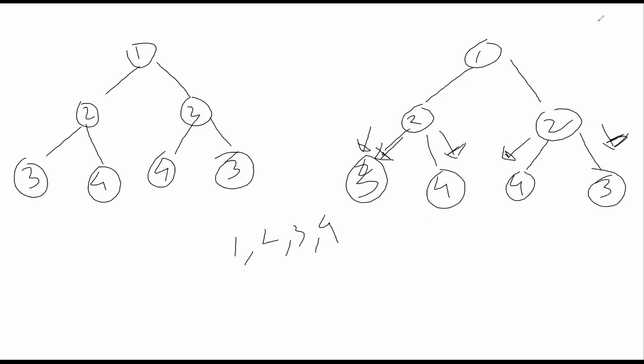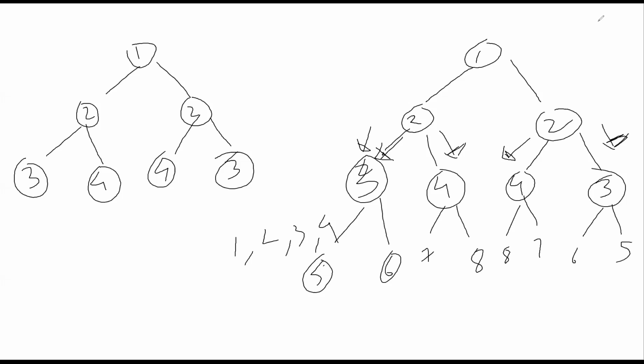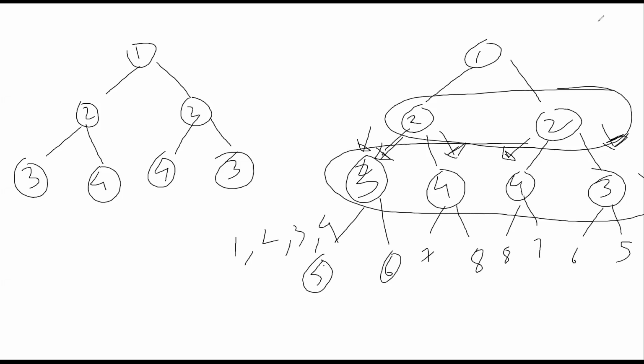Let's go a level further. We have 5, 6, 7, and 8. And then we have 8, 7, 6, and 5. Now suppose we are done with this level, we know it's the same. And we are now trying to compare whether it creates a symmetric tree or not. What will we compare?